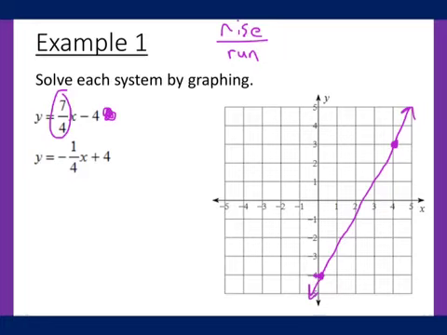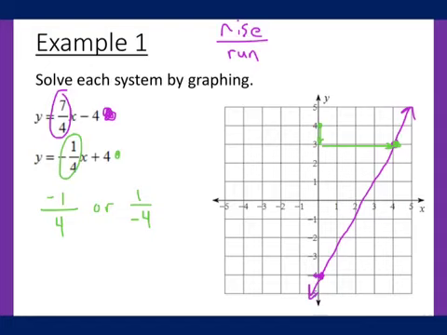Now let's do the second one right here. So now we're starting at +4 on the y-axis, and then -1/4 as our slope. We need to think of that either as -1 over +4 or +1 over -4. If I say -1 over +4, I'm going down 1 and then right 4, which helps me find out where we're intersecting.